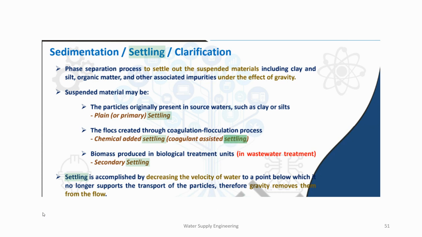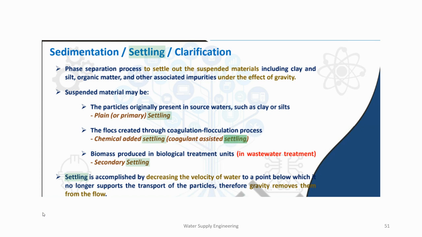Okay, so let's see what is sedimentation, settling, or clarification. It is the phase separation process wherein the suspended materials, for example, clay, silt, organic matter, etc., settle down under the effect of gravity.